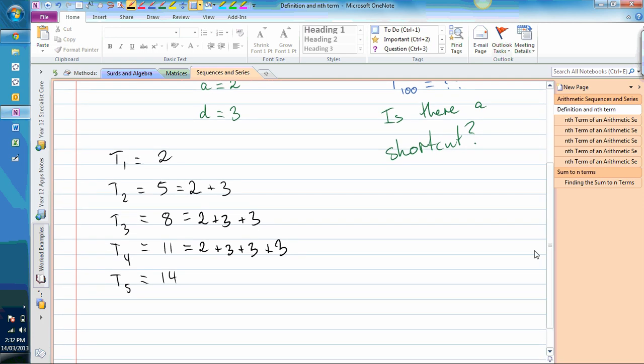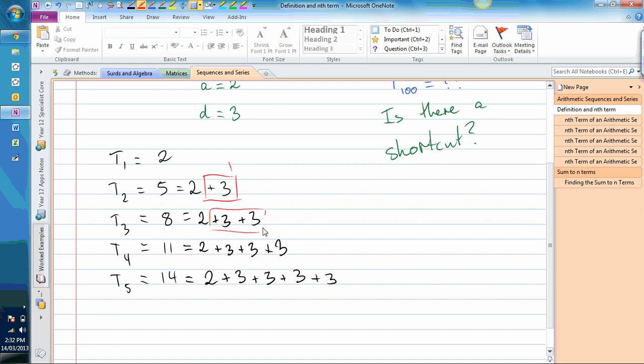And you can sort of see what I'm doing here. Any particular number in the sequence was essentially calculated by taking the 2, the starting number, and adding a bunch of 3s on, depending on what term. And what I want to think about is how many of these 3s there are. In term 2, I've added one 3 on.